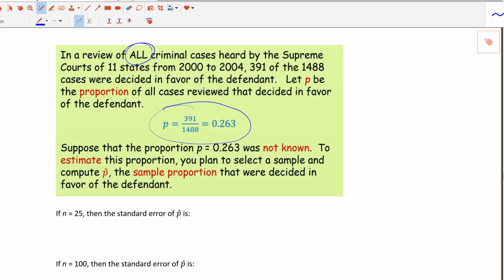So suppose that the proportion was not known, right? Because if we know the actual proportion, there's no sense in doing any statistics, taking a sample.